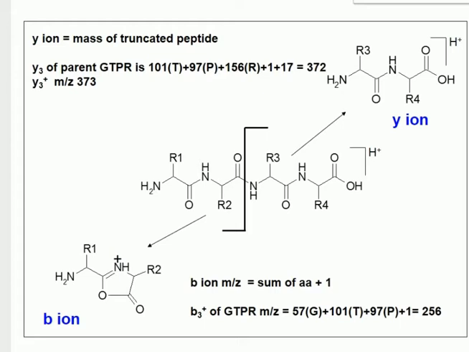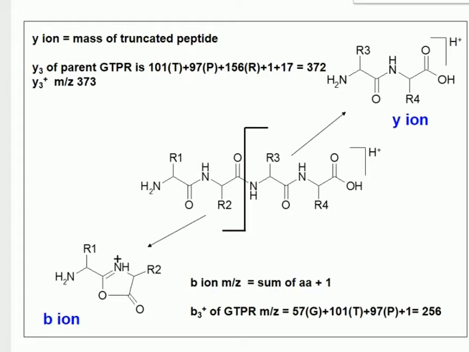Okay. So if you wanted to work out the mass to charge of your Y ion, it would be the masses of the individual amino acid residues plus the termini. So if we use this example here, we've got this tetrapeptide, glycine, threonine, proline, arginine, and we wanted to look at the Y3, so that's the cleavage here.